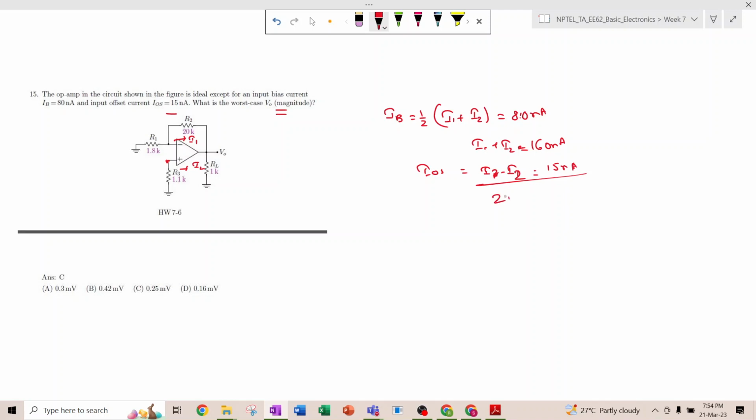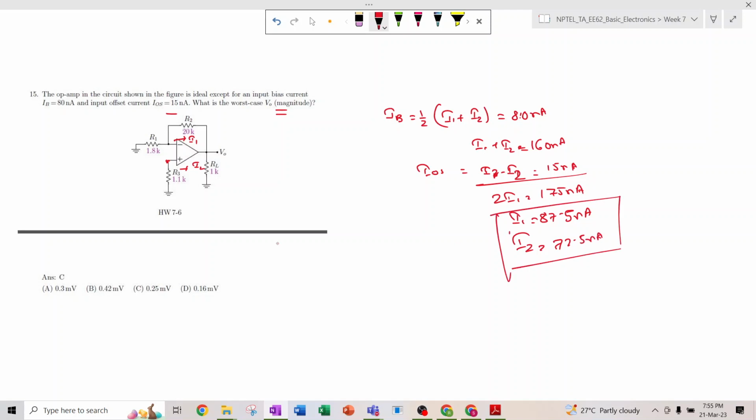So 2I1 equals 175 nanoampere. So I1 will be 175 divided by 2, this is 87.5 nanoampere. And I2 will be 160 minus this, that is 72.5 nanoampere.